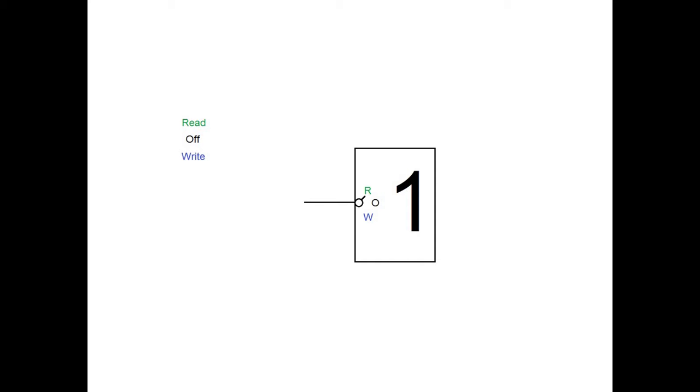In the read position, the memory cell is going to read into it whatever value, 0 or 1, is on that input-output wire. And in the write position, it's going to change the value of that input wire to either a 1 or a 0, whatever's in the memory cell.